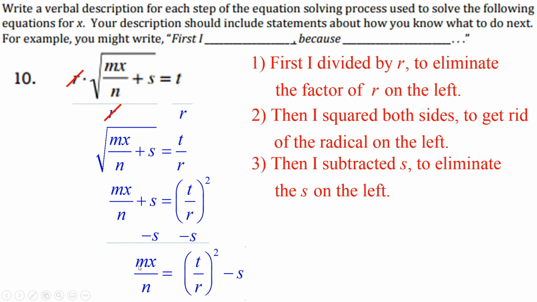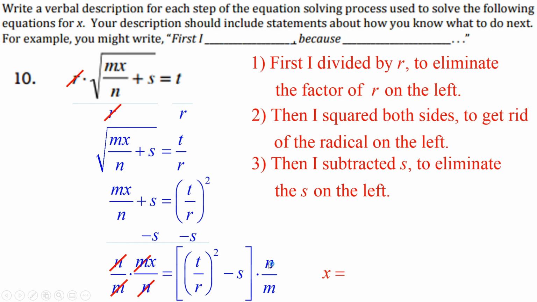Now I'm going to get rid of this multiplication by m over n by multiplying by the reciprocal, n over m. And because I have two terms over here on the right, I've got to put that in brackets to group it, so I multiply both terms. So what do we have here? Well, I have factors that are going to cancel, leaving me x, and that is what I wanted. And this, I'm going to leave alone.